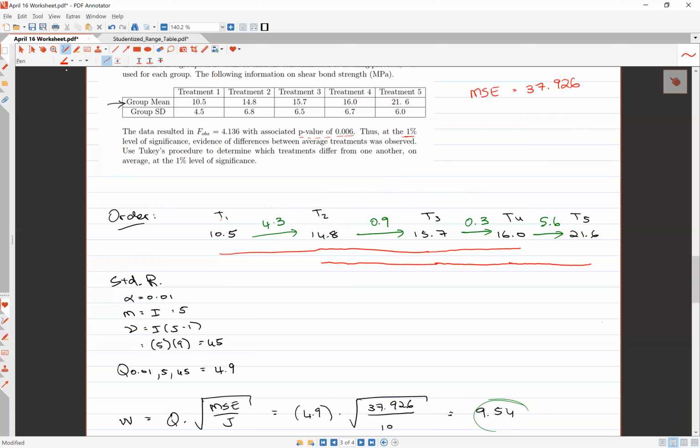So what we would say in this case is no evidence of a difference between treatments 1, 2, 3, and 4. Also, no evidence of a difference between treatments 2, 3, 4, and 5. The only difference you can identify here is that treatment 1 and treatment 5 do not seem to overlap.